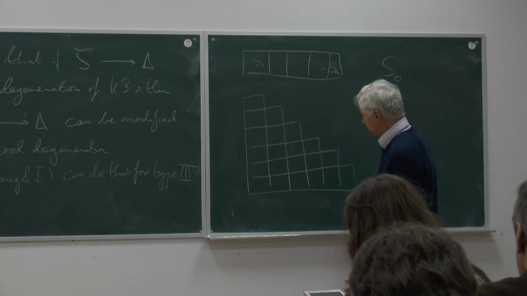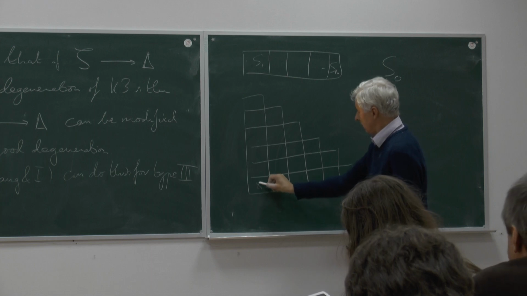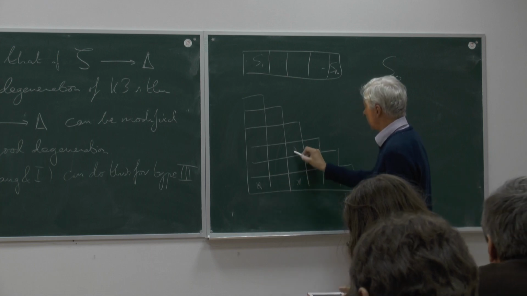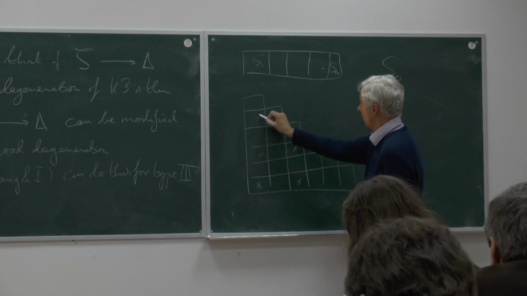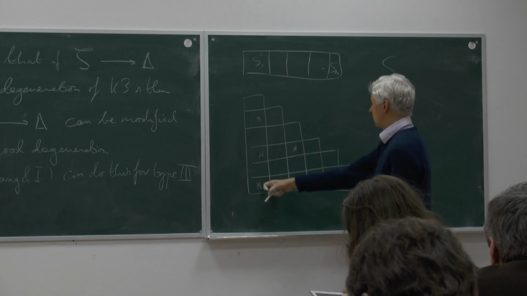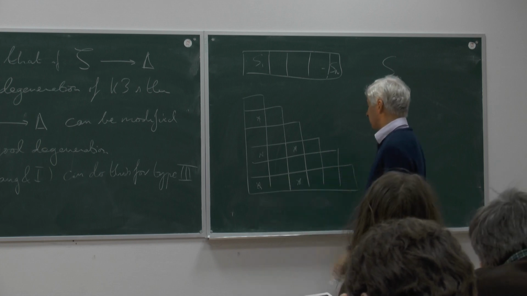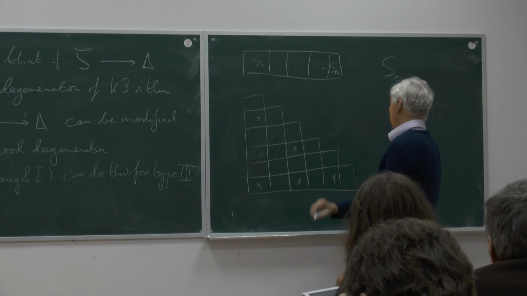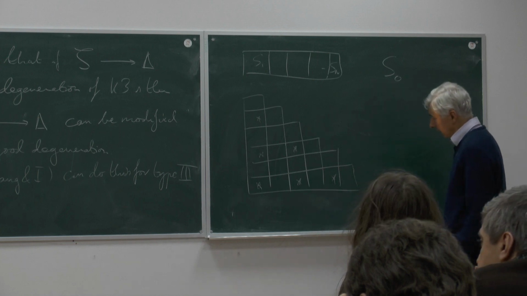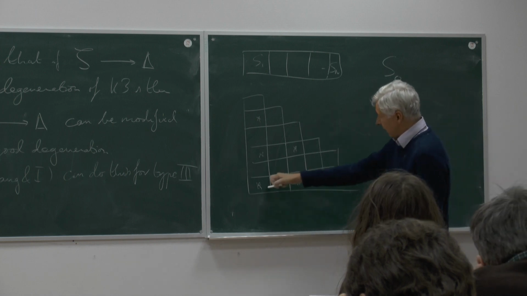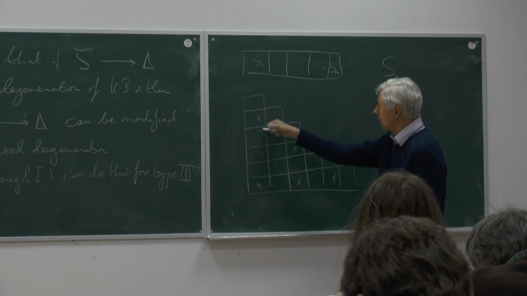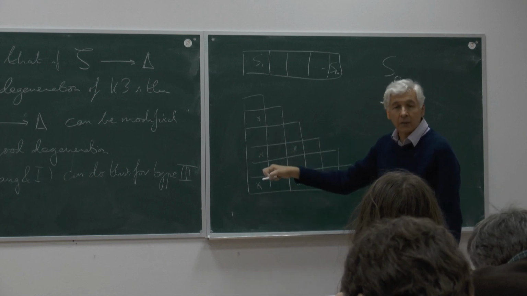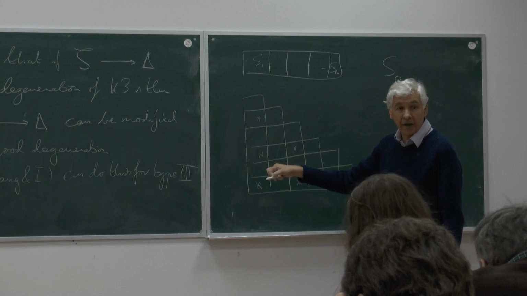What he does, but this is very bad for singular, is he blows up these components. So the ones, he sort of goes up even one because this sign convention is opposite from mine. And the point about doing that is that each of these corners is adjacent to exactly one of the things he's blown up.